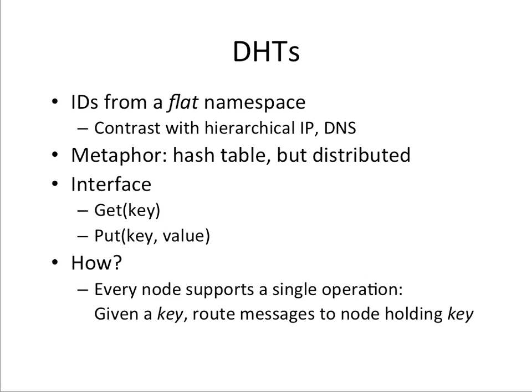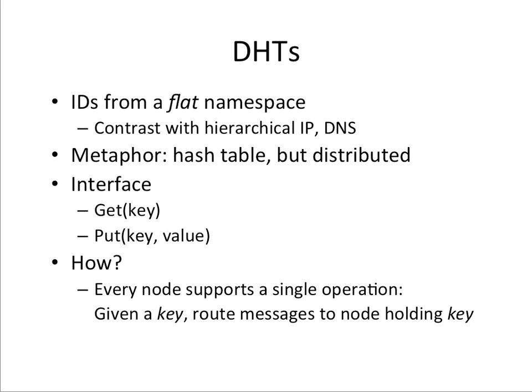So this is the operation that the nodes participating in a hash table must be able to provide, which is that every node in the system needs to know, given a key, what is the host responsible for that particular key, and actually send a message to that node, right? Not every node in the internet, but the nodes that provide this DHT functionality need to be able to support that operation. Given a key, how to route a message to the node holding that key.